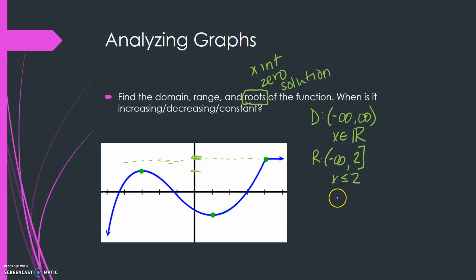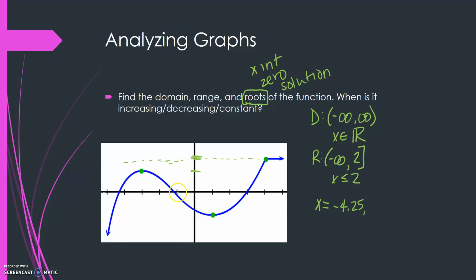All right, the roots of the function, also the solution, so we could say x equals, and I'm just going to list out all of my x-intercepts. I'm going to do a little estimating. So I've got 1, 2, 3, 4, maybe like 4 1/4, so we'll say negative 4.25.